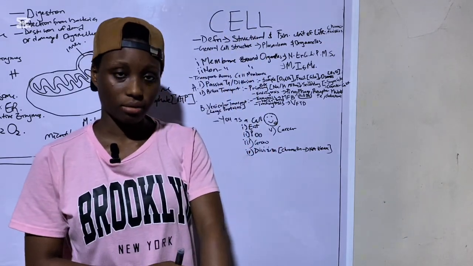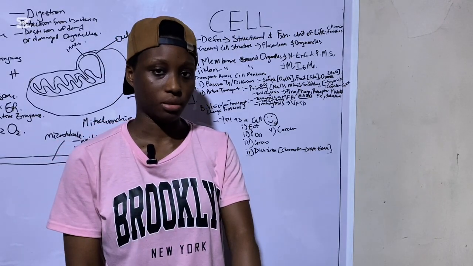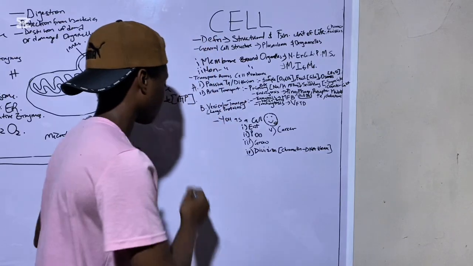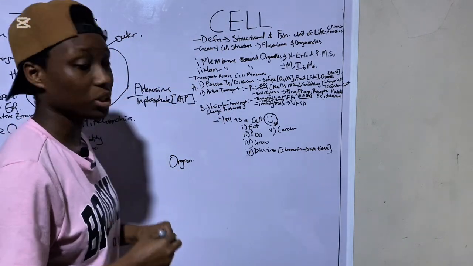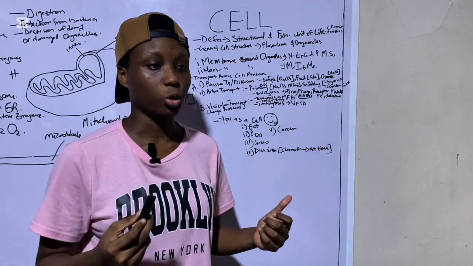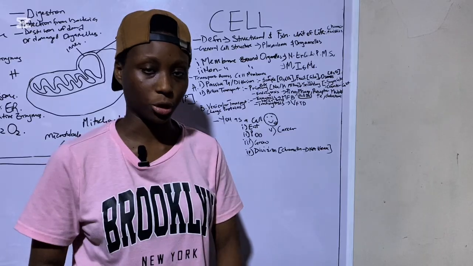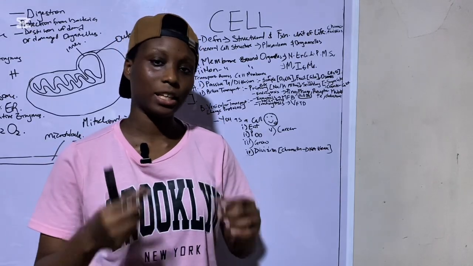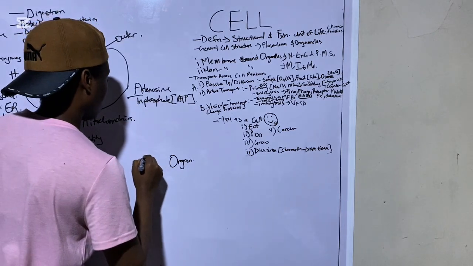So your skin, my skin, is actually an organ. That's right, organ. And then if we want to look at my skin under a microscope, cell slide preparation, we're going to need to take a slice of my skin, and that slice of my skin is going to be called a tissue.